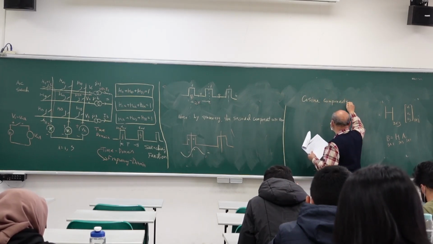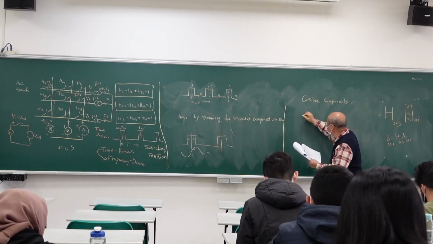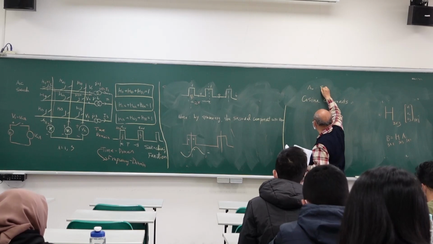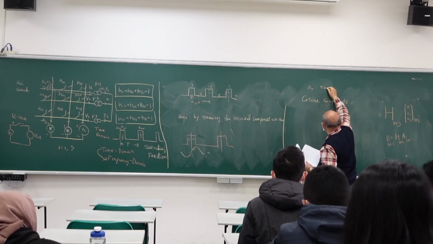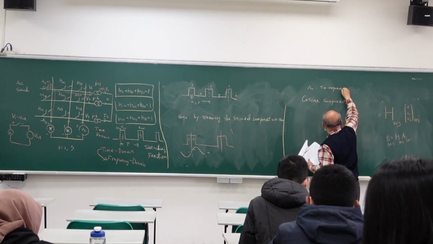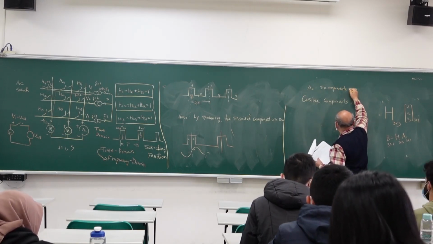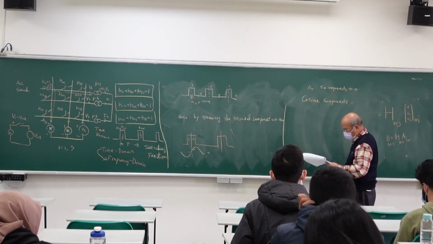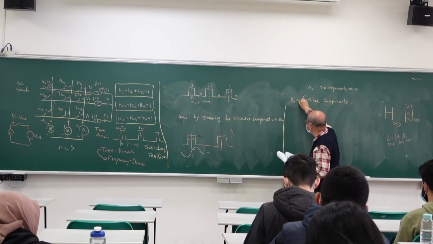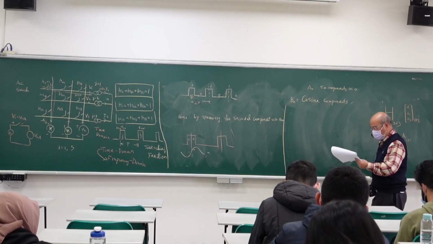What are your cosine components? You call the sine components an. There is sine components, and it is equal to 0. And now we calculate the cosine components, bn. So what is bn?